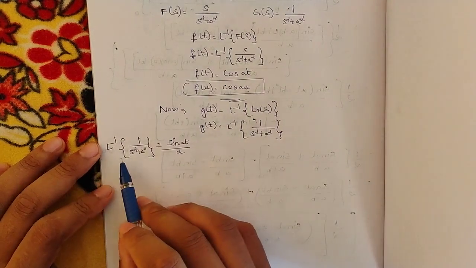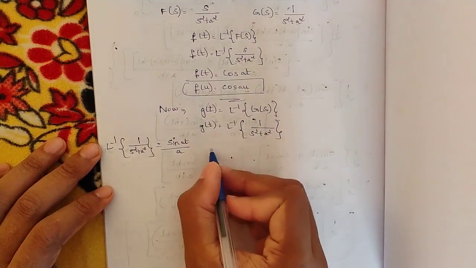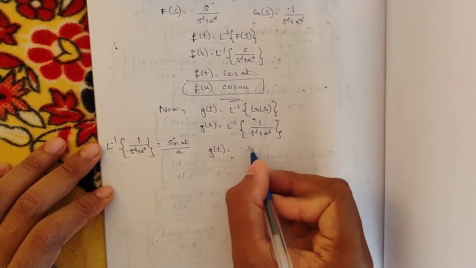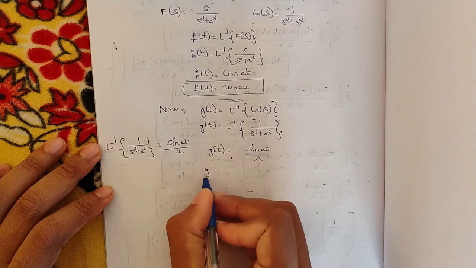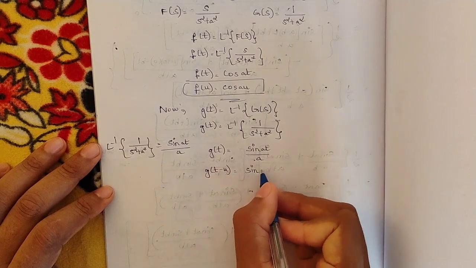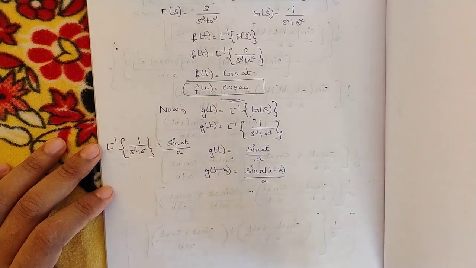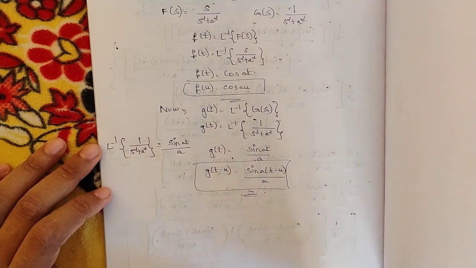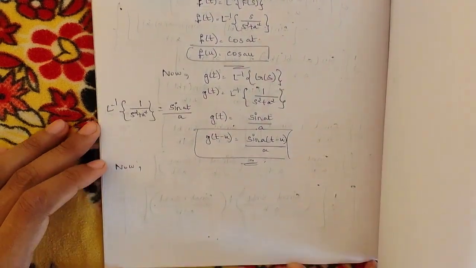So that would be our g of t, that is sin at by a. So what would be our g of t minus u? Sin of a into t minus u divided by a. Okay, so this is our g of t minus u. So now what would our integration be looking like?